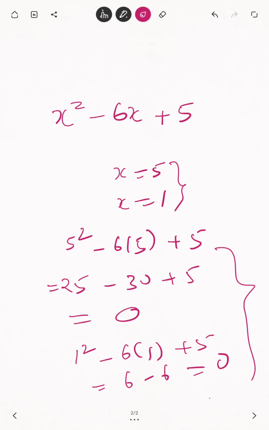That is the main reason. Okay, we will go to the question. They are asking to find the sum of the zeros and the product of the zeros. What expression did I give here? x square minus 6x plus 5.